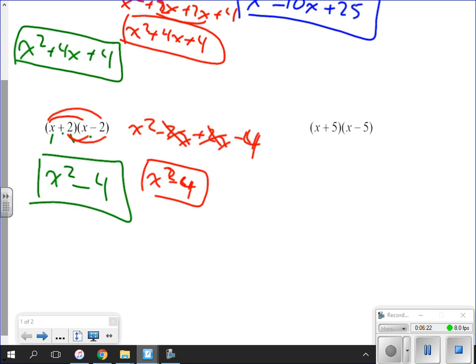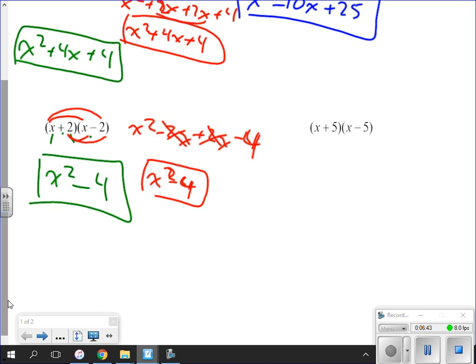The only time you get 2 terms after you multiply it out is if you have a plus and minus, exactly the same except for plus and minus. Otherwise, you will have 3 terms when you multiply them out.